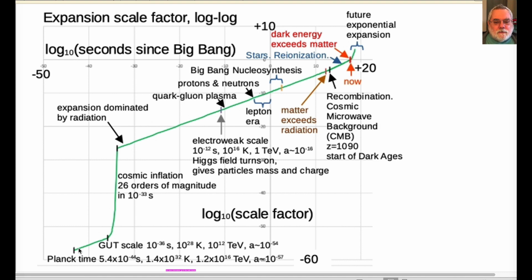Physicists do not know for certain because this energy regime is more than 1 trillion times higher than the Large Hadron Collider. Expansion is presumed dominated by radiation, but the particles were different than photons at this early time.